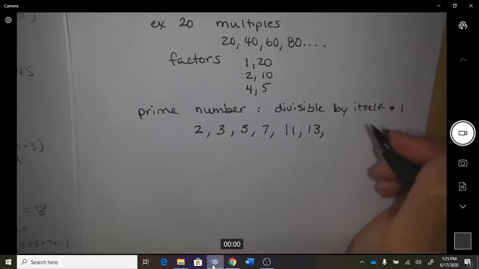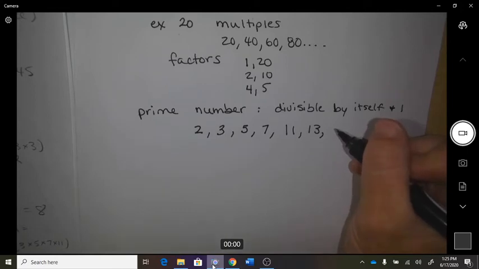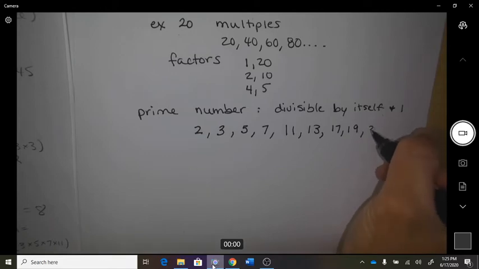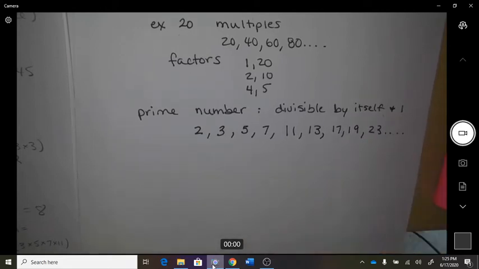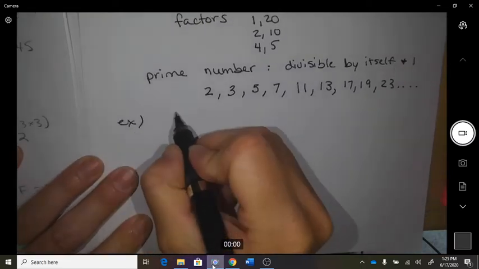And then 15 doesn't, right, because it's got 3 and 5. 17, 19, 23, those would be examples of prime numbers.